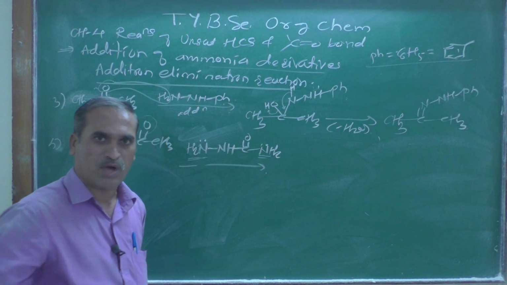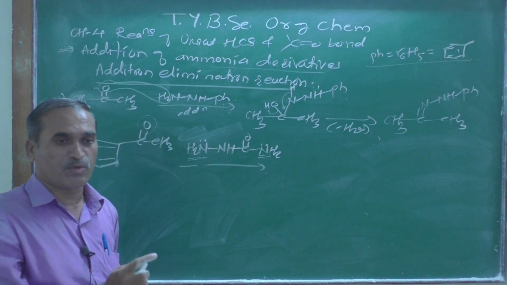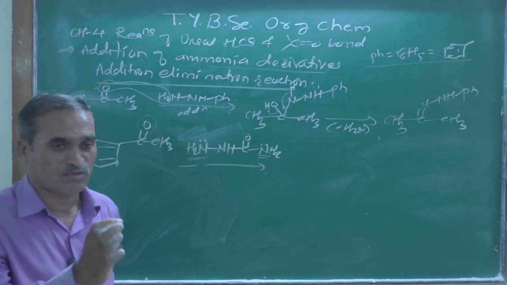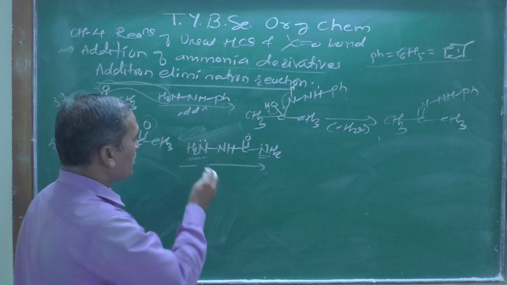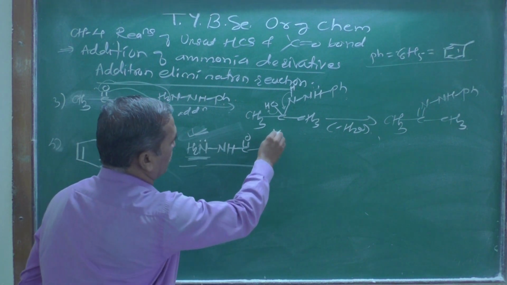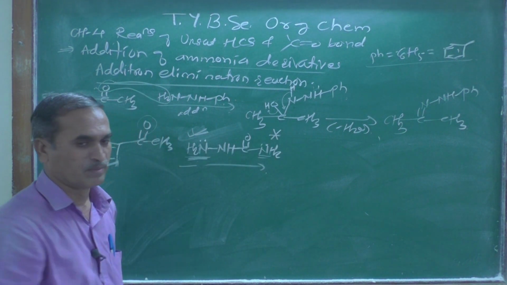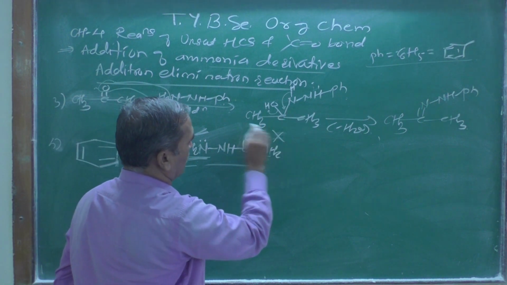What do you think? Which one is going to react? So remember, this NH2 is going to react, and this one is not going to react with the carbonyl group.